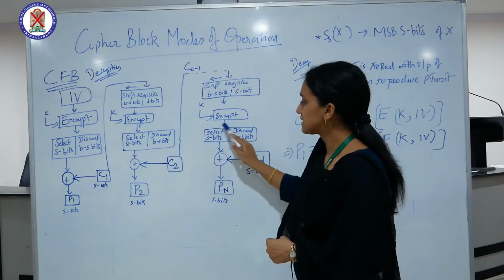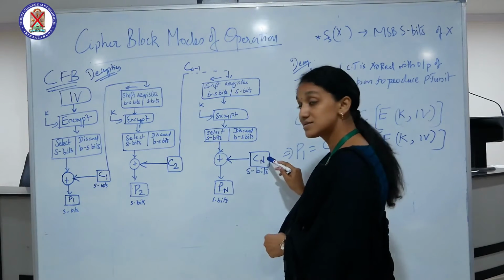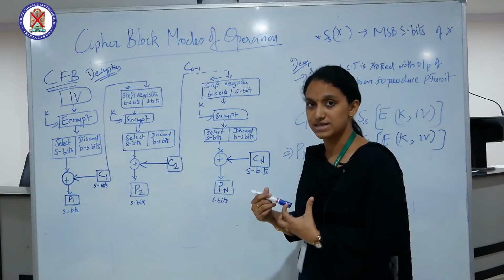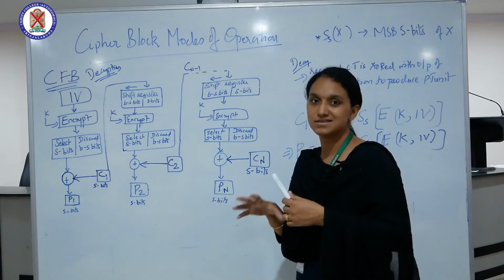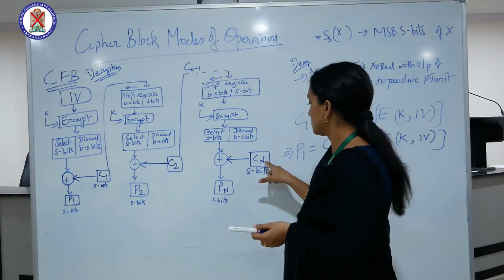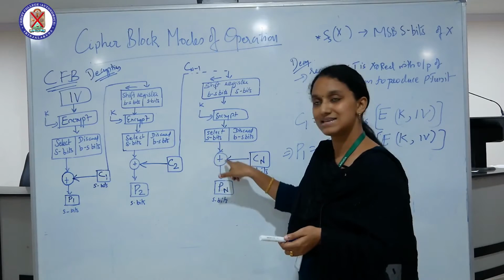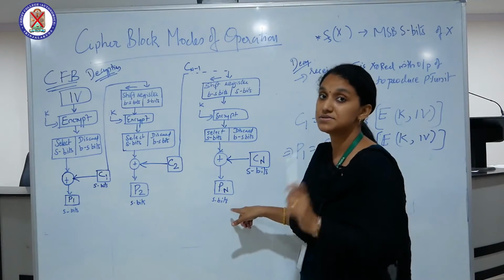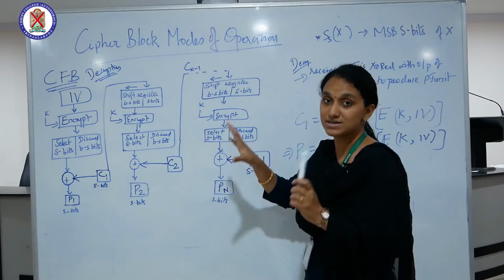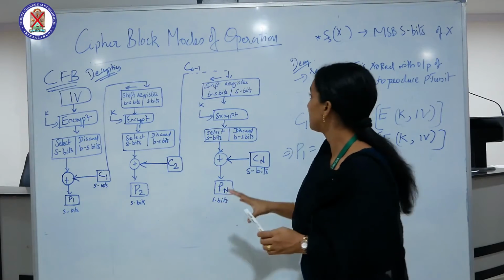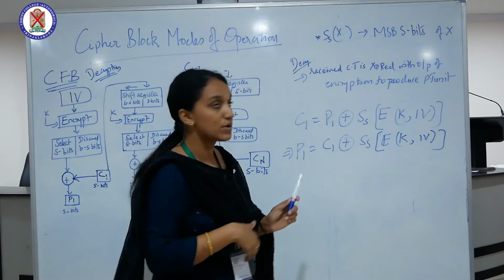Now for these selected S bits, the last ciphertext unit which we have received is Cn. Let it be Cn. So that Cn will be XORed with the selected S bits to produce the last unit of plain text Pn. Clear? So this is actually what is happening in decryption. Clear? Now let me just say the equation once again.